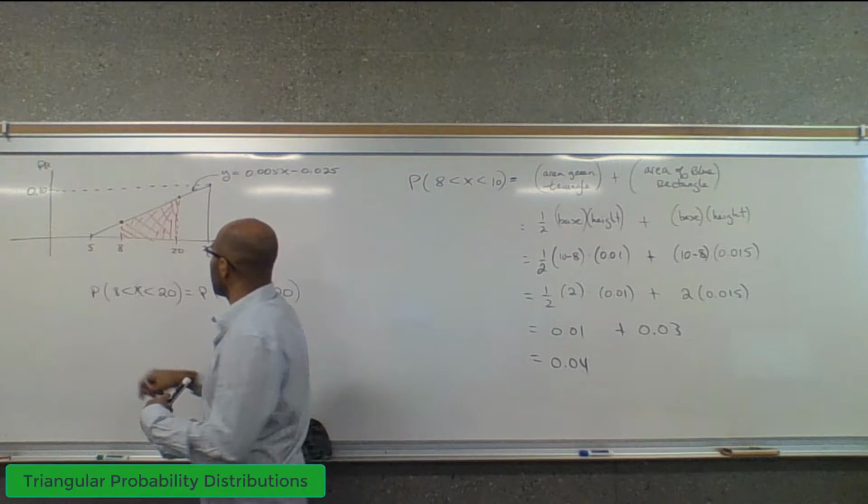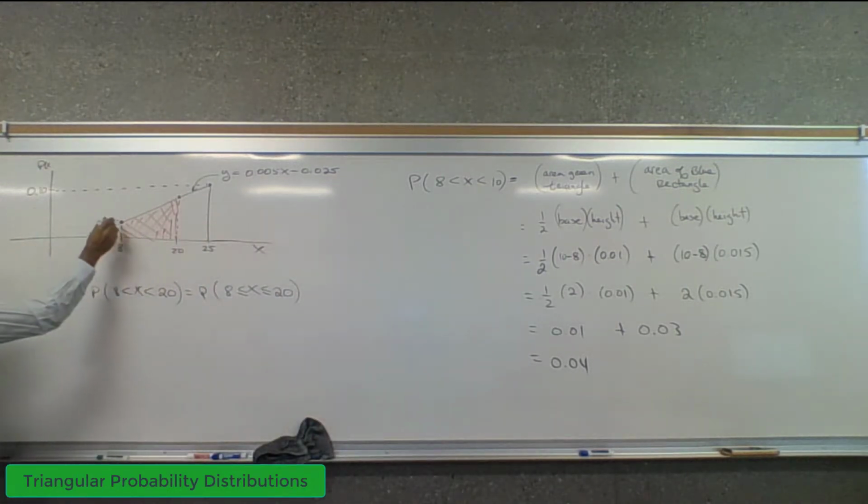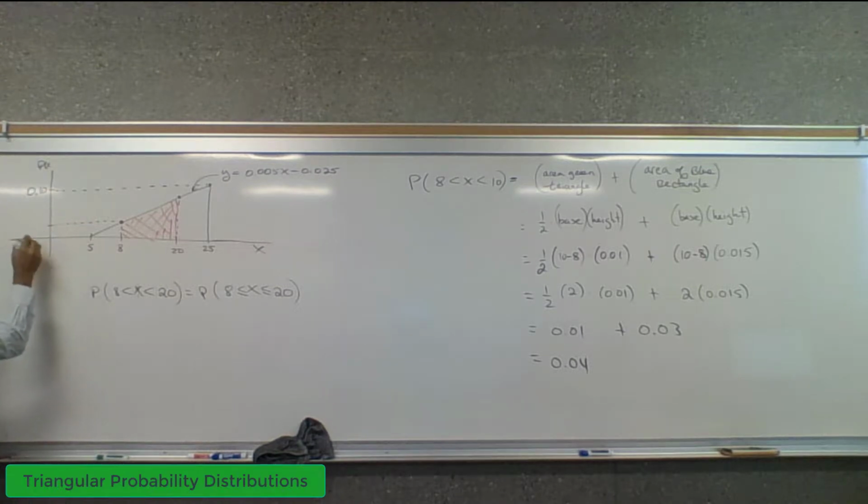When we evaluated this before at x equals 8, we got that this was what? 0.015. The one with 8 was 0.15? Wasn't it the other one? No, the other one was 0.025. This one is 0.015. Okay.